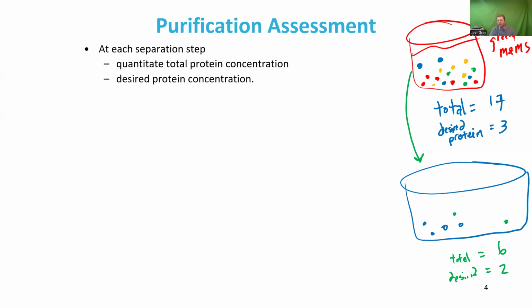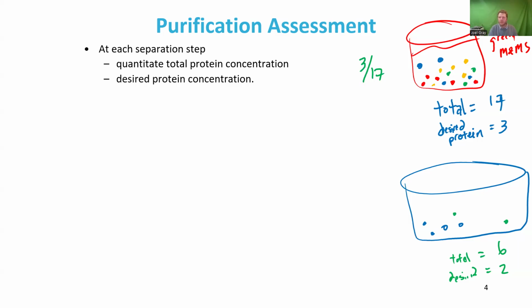And in order to answer that, what you really want to do is look at the total protein compared to what you have. So when you started out, 3 out of 17 proteins. You could say that your protein in this mixture was 3 divided by 17 times 100.